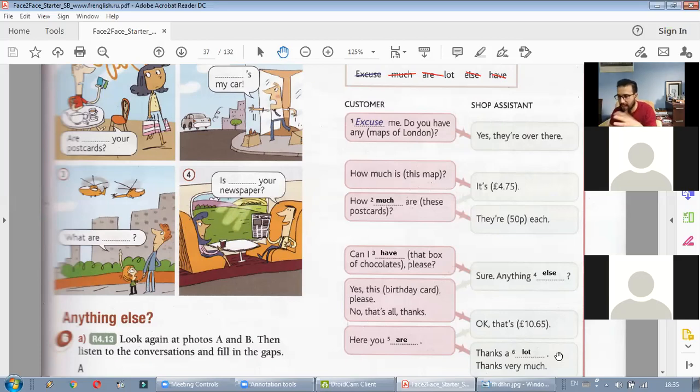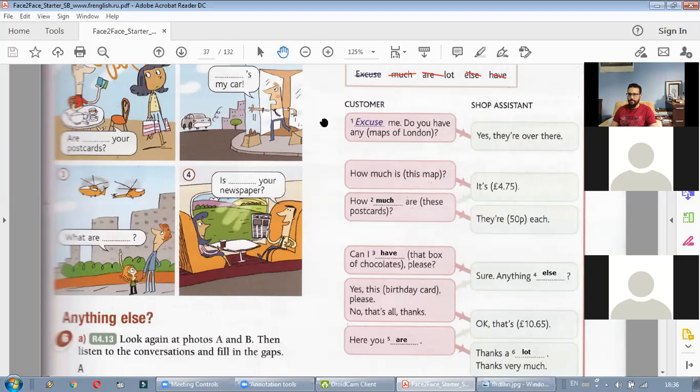Okay, very good. Let's reverse and try the opposite. Basma, you are the customer, and your colleague Media will be the shop assistant. You can start. Excuse me, do you have any maps of London? Yes, they are over there.